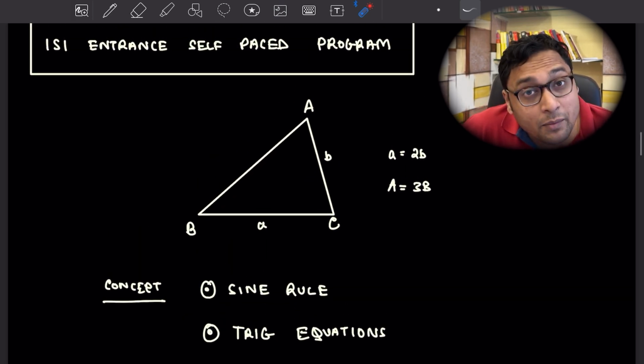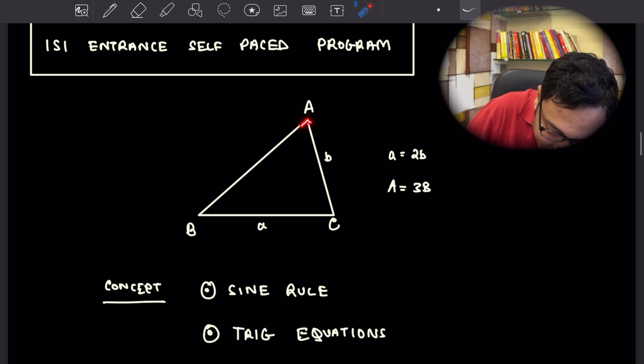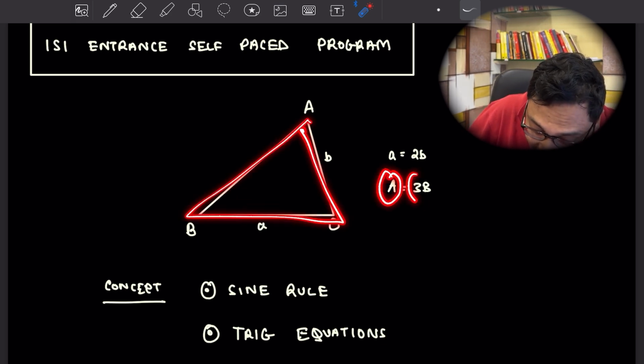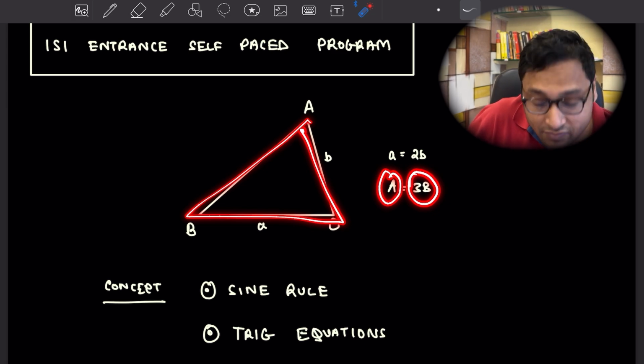So what does this problem say? It says, suppose we have a triangle ABC and it's given that angle A is equal to 3B.